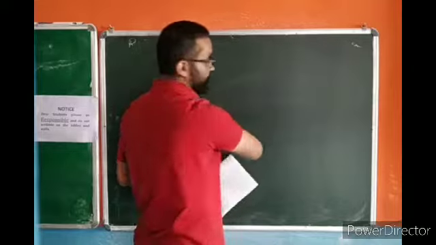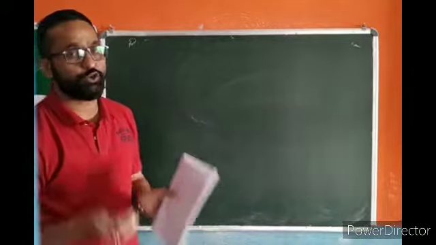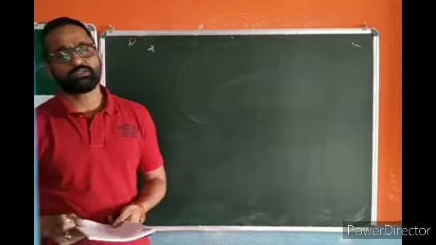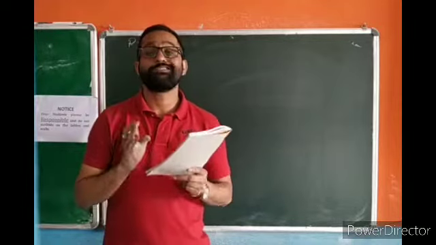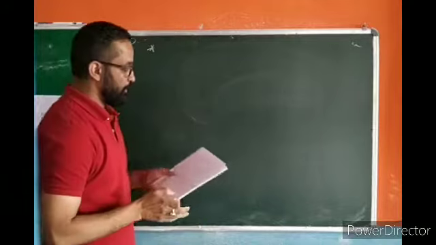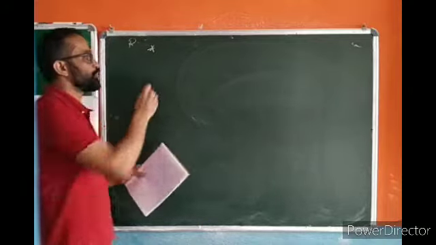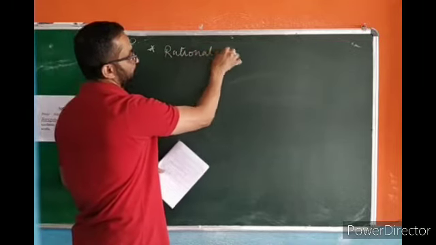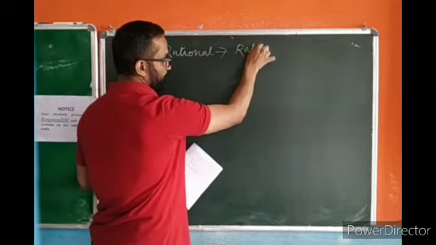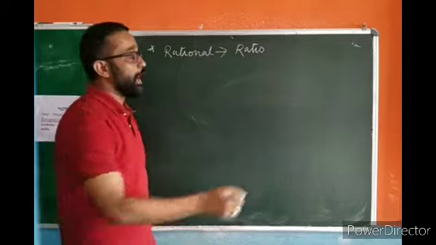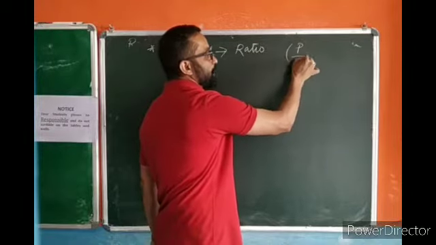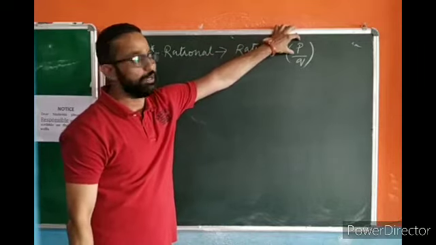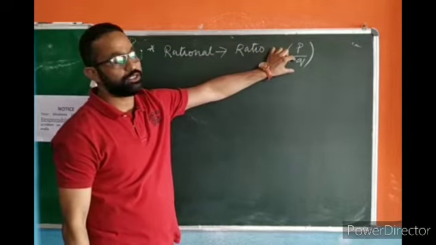Now you have an important term based on rational numbers. Rational means ratio. That is the reason why we write P divided by Q, P at the numerator, Q at the denominator.